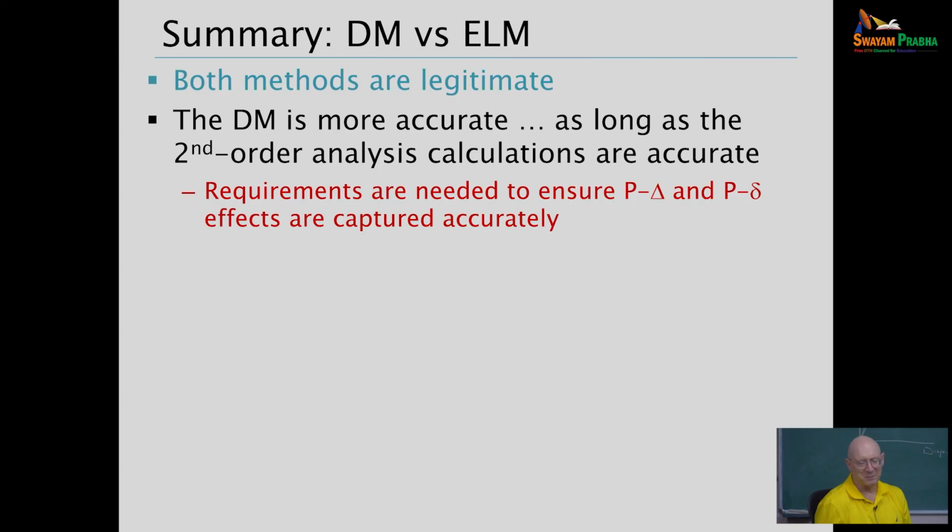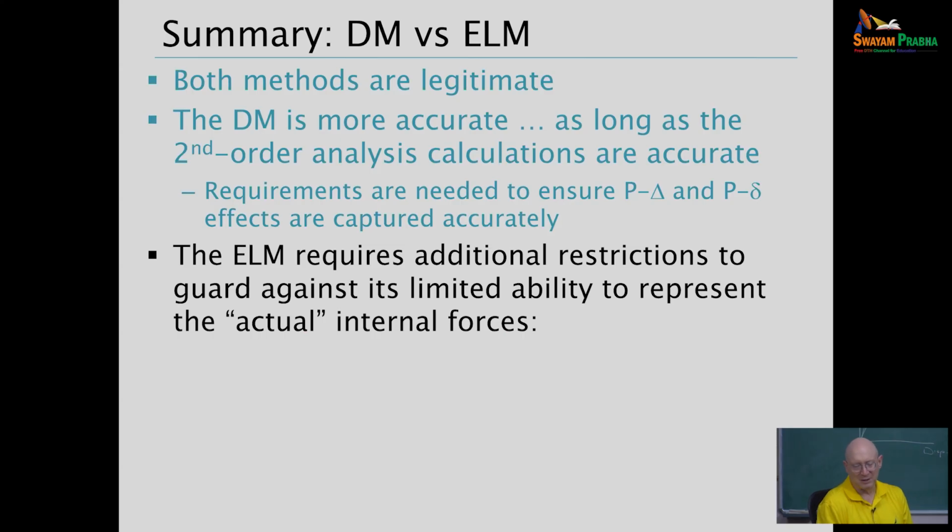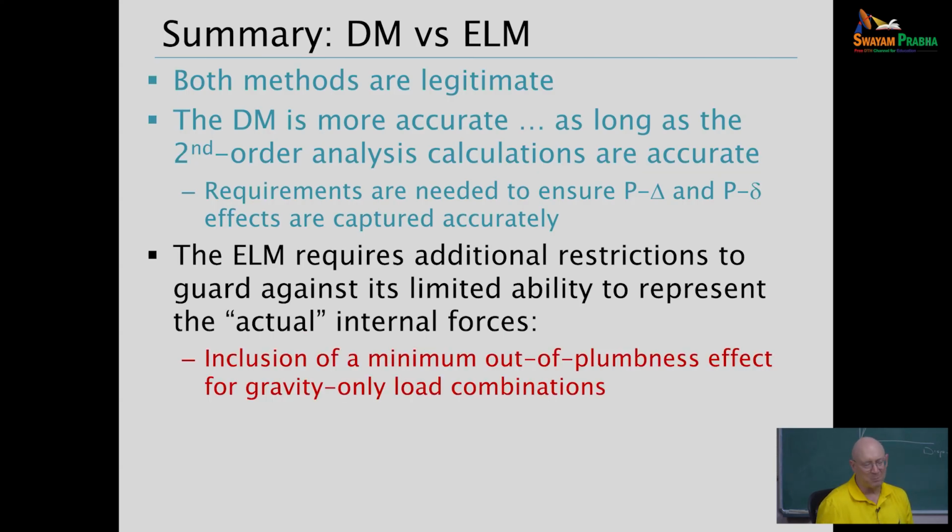The direct analysis method tends to be more accurate as long as you have an accurate second order analysis, so you need requirements to try to ensure that. The effective length method needs additional restrictions to guard against its limited ability to represent the actual internal forces. In AISC practice, the restrictions are that we need to put on a notional lateral load for gravity-only load combinations.